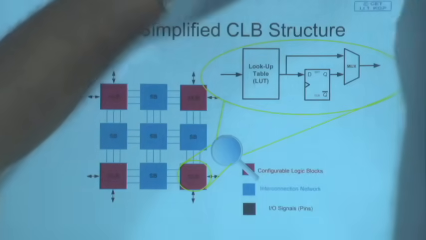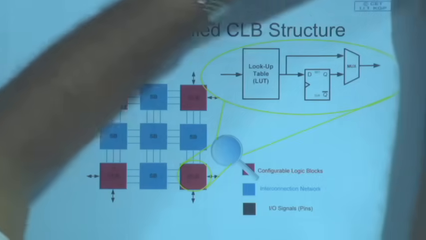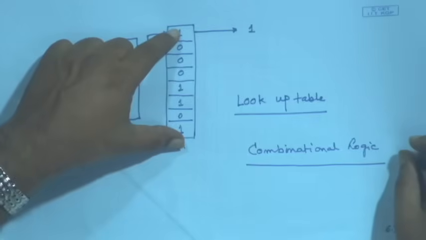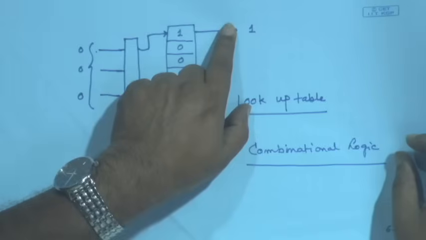We showed a couple of minutes back what a lookup table contains. It was like this, a lookup table where I can put the inputs and the output of that table will come out, right.